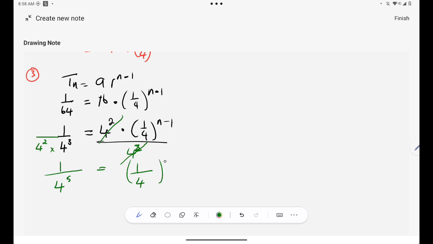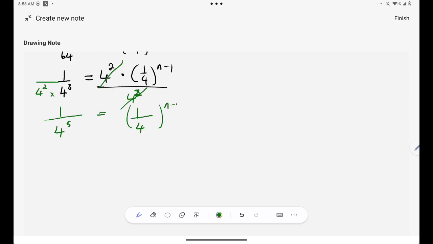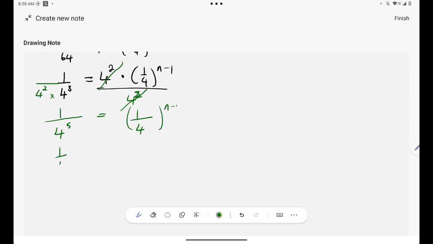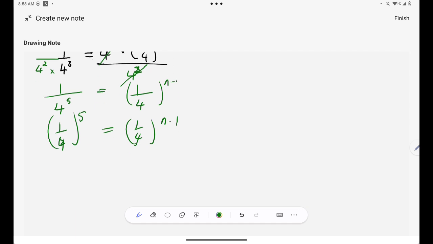This thing can be written as 1 over 4 all to the power 5, equal to 1 over 4 to the n minus 1. Since my bases are the same, my exponents should be equal. Therefore, n is 6. This supports our statement that yes, the 6th term is this one.